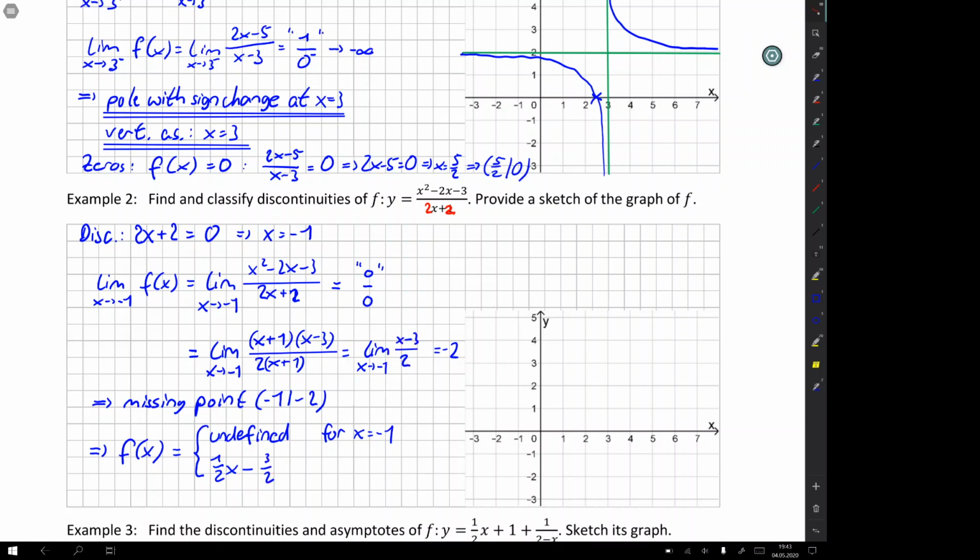And so we can sketch now the graph of the function, and we get this straight line just with a missing point here. Just as a reminder of how to sketch a straight line, use the y-intercept minus 3/2 and then draw it by going 2 to the right and 1 up. That's then the gradient.